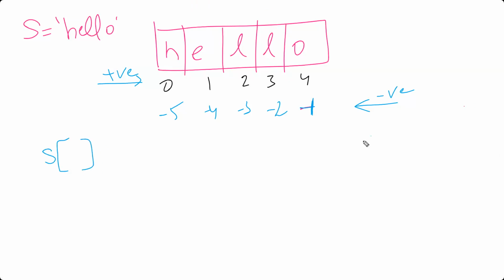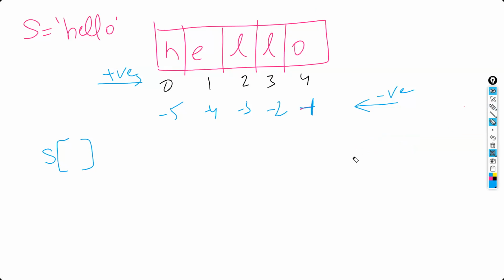Sir, instead of square brackets, if I write normal brackets? That is called a function. Functions have normal brackets, like the print function, input function, type function, id function. All these functions have normal brackets. Normal brackets indicate it is a function. So you should not go with the normal brackets, we have to go with the indices.